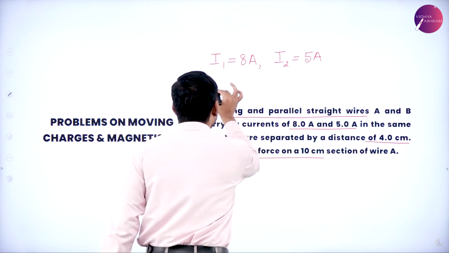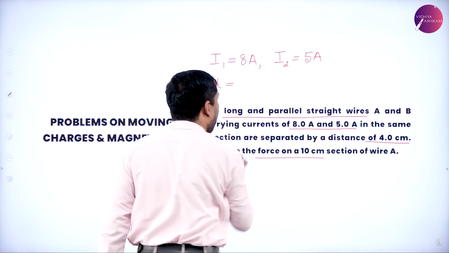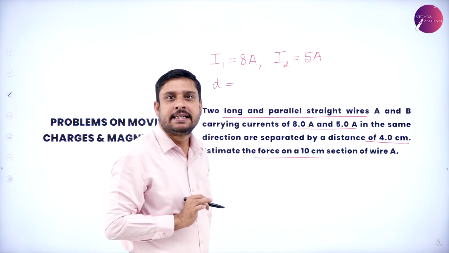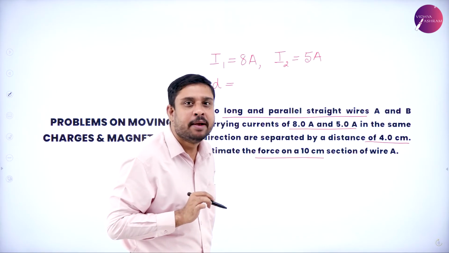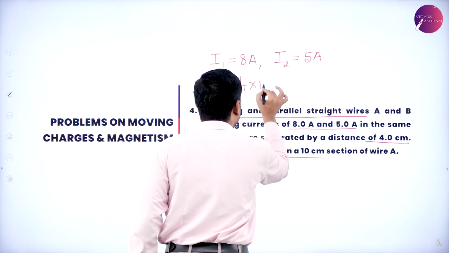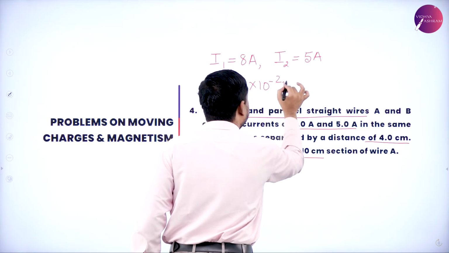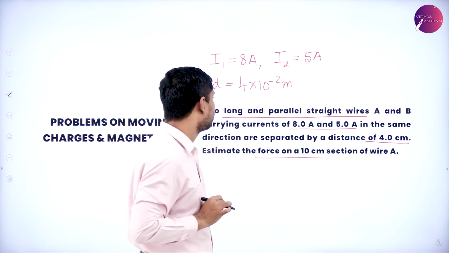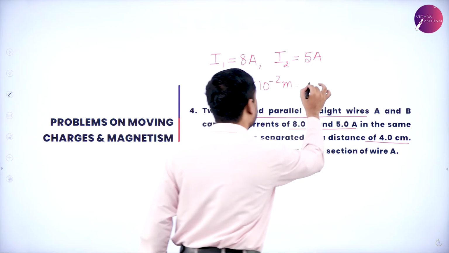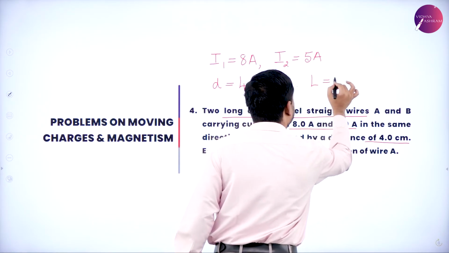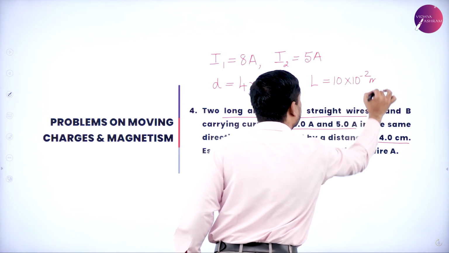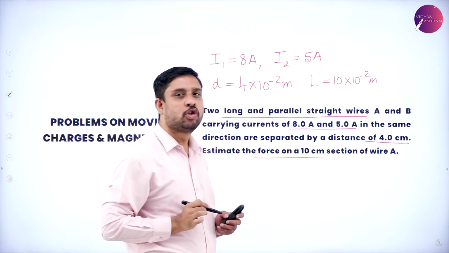They are separated by a distance of 4 centimeter. Distance of separation between them is 4 into 10 power minus 2 meter. Estimate the force on 10 into 10 power minus 2 meter length of the wire.